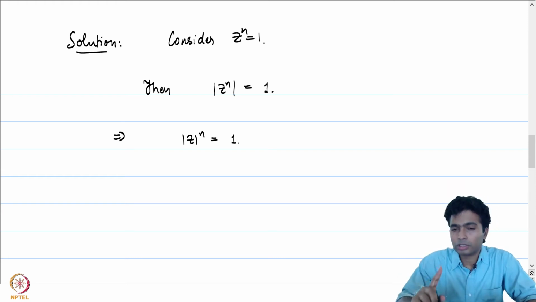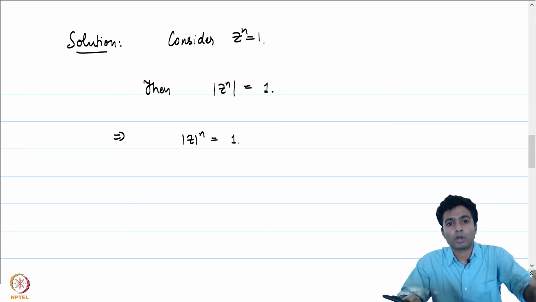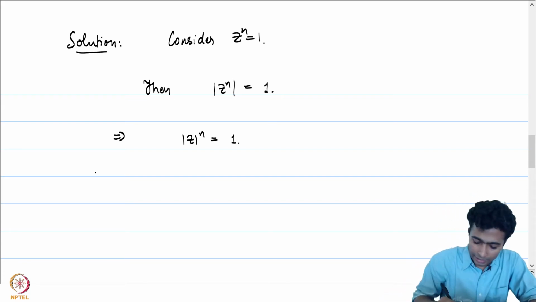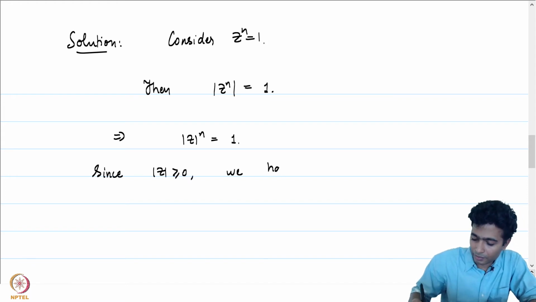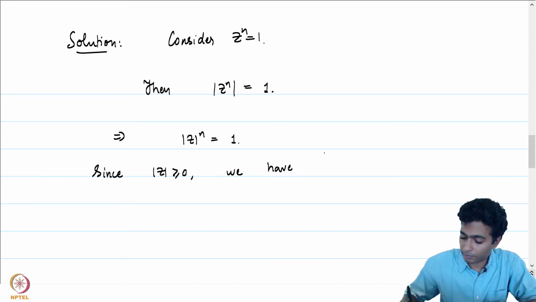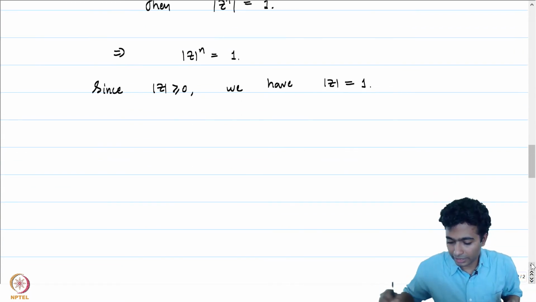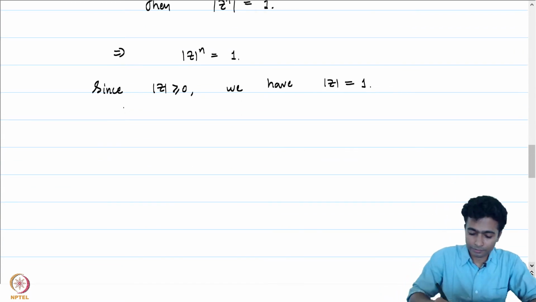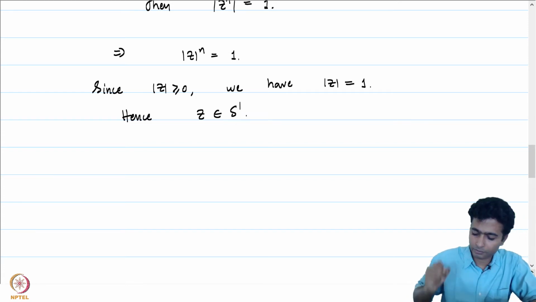But then mod z is non-negative. It's the absolute value of a complex number. So this is a non-negative real number, and hence since mod z is greater than or equal to 0, we have mod z is not equal to minus 1. Because of that, mod z is supposed to be equal to 1. That means z is on the unit circle, z belongs to S1.